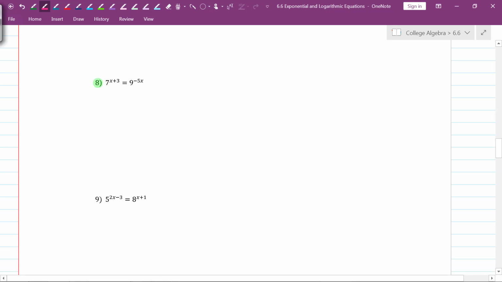So we have problem 8 here. We're going to take the natural log of both sides. So I'm going to have the natural log of 7^(x+3) is equal to the natural log of 9^(-5x). Step 1, take the natural log of both sides.